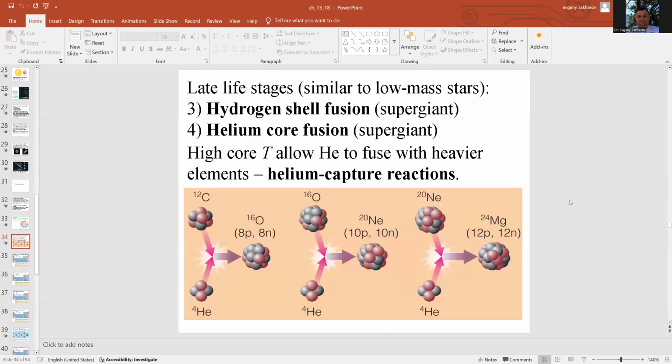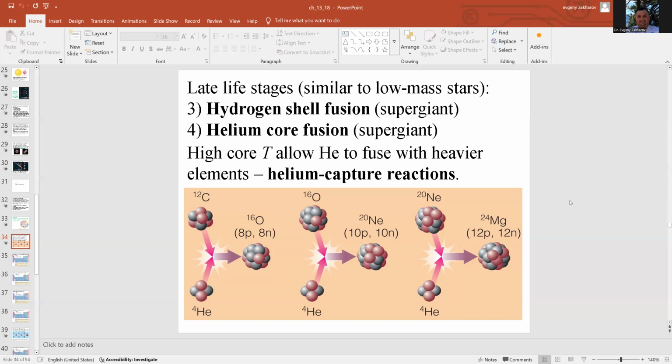So understand that high mass stars can compress their cores to crazy conditions, and temperatures are out of this world, like billions of degrees. We started with 10 million, and now it's like 3 billion degrees, right, for the last stage. You got to have huge amount of mass and enormous luminosities, enormous temperatures.